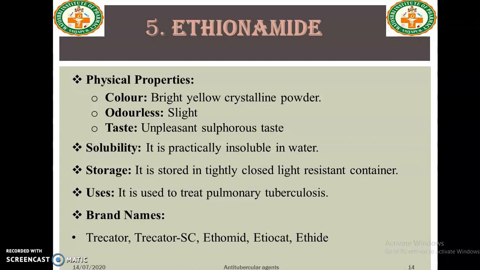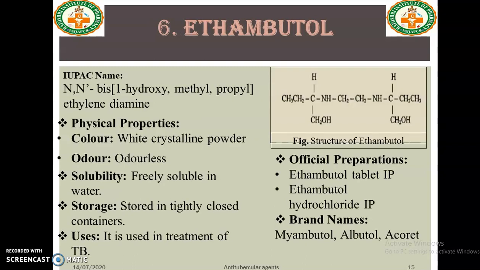Storage condition for ethionamide is tightly closed light resistant containers. Ethionamide is used to treat pulmonary tuberculosis. It is known by different brand names like Tricator, SC, Ethiomid, Ethiocar and Ethite.